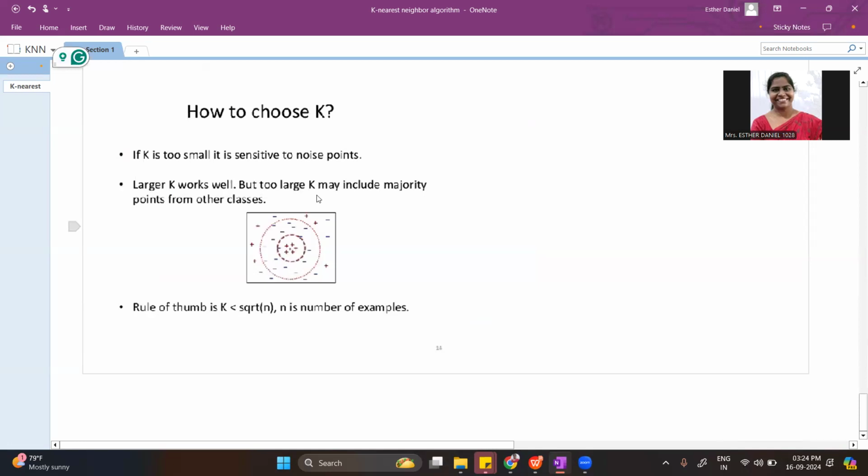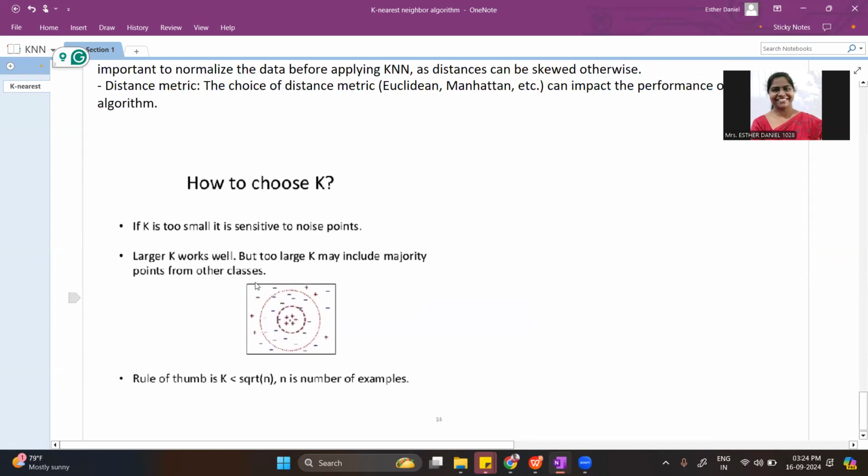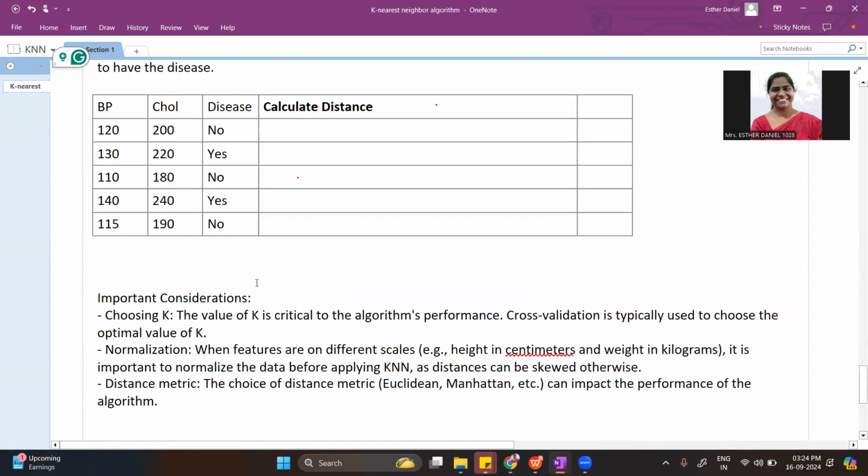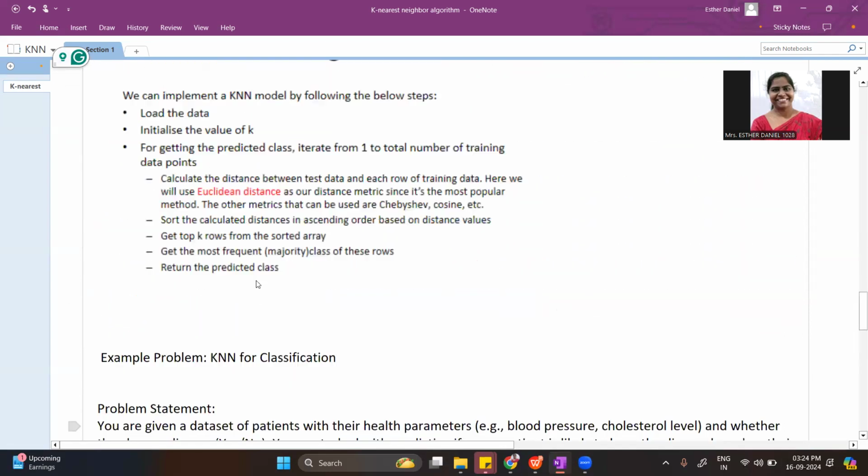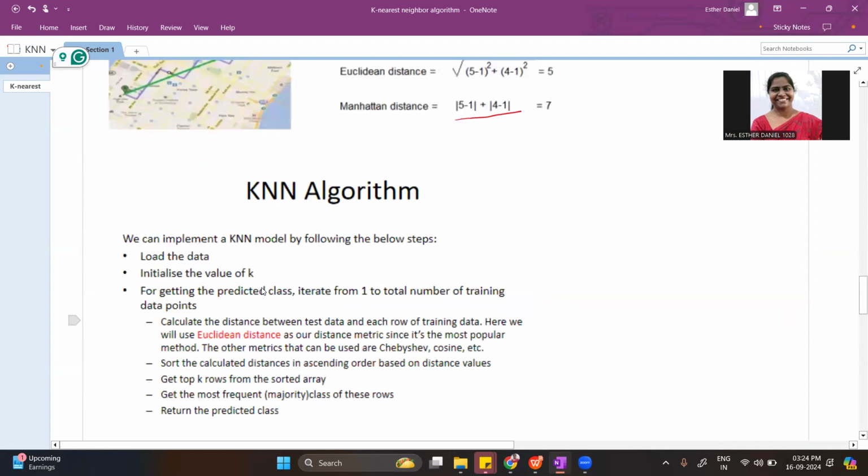So choosing an optimal k value is very important. That can be done by repeatedly executing the algorithm with the training and testing data sets to make sure that k is correctly classifying the unlabeled object.